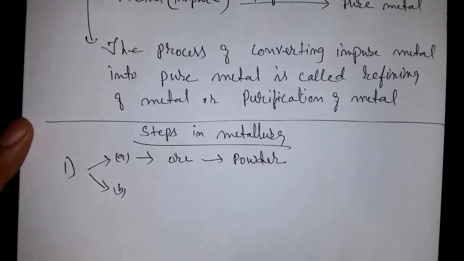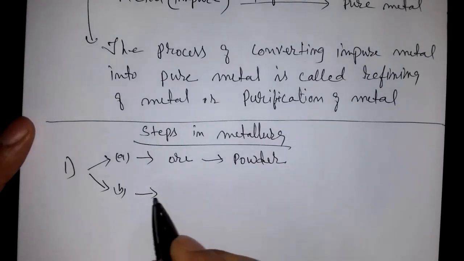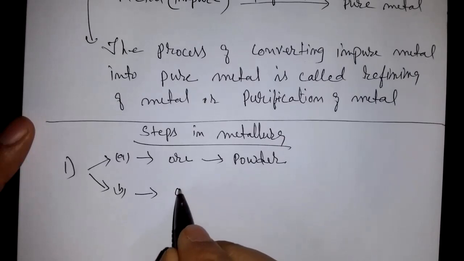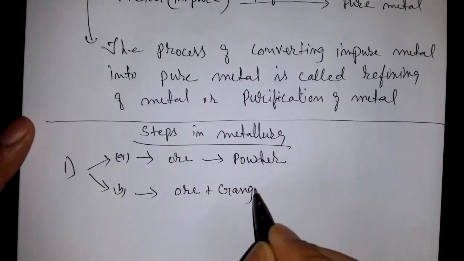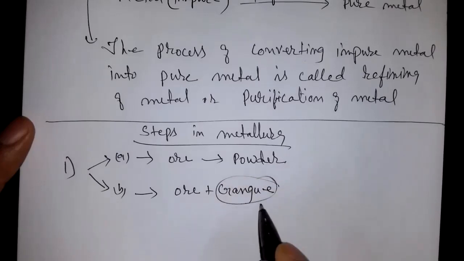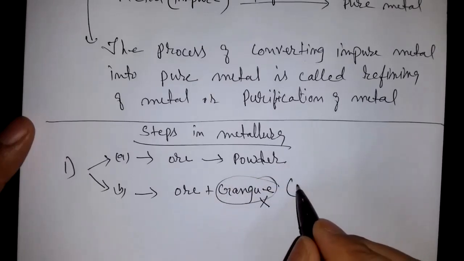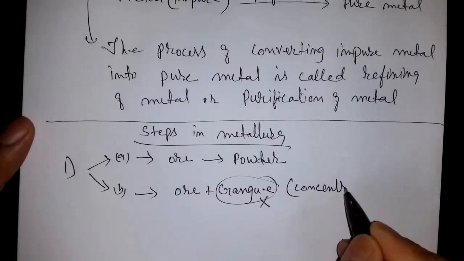That is called grinding. Then after that, we have to do concentration. That means the ore contains some impurity called gangue. So we have to remove this gangue, and this process is called concentration.